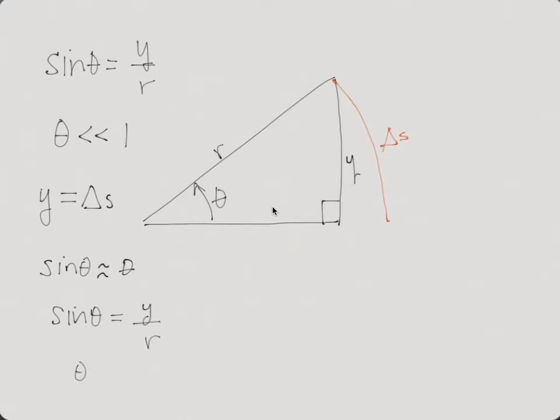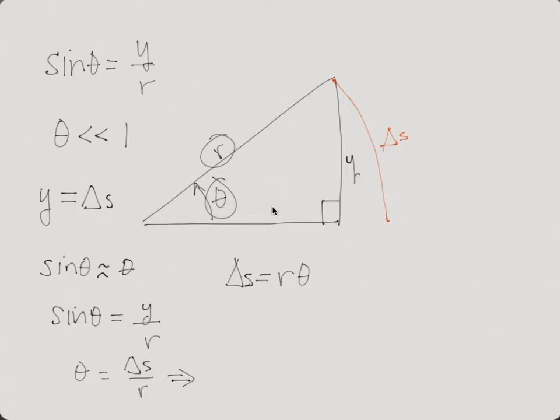So we'll end up with theta is equal to delta S over R. So now we can define our arc length in terms of R and theta. And our arc length is now delta S equals R times theta. So we've gone from rectangular coordinates to polar coordinates, and our polar coordinates are R and theta. And now based on our polar coordinates, we can actually define the arc length. That's really what we're saying.